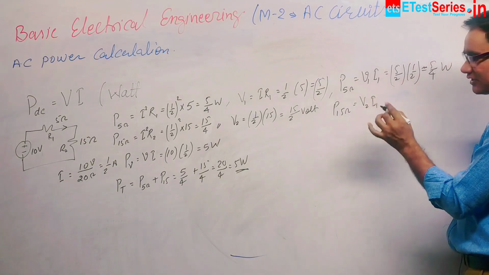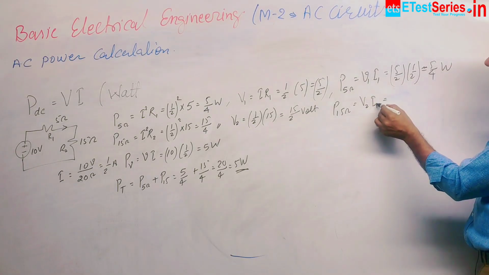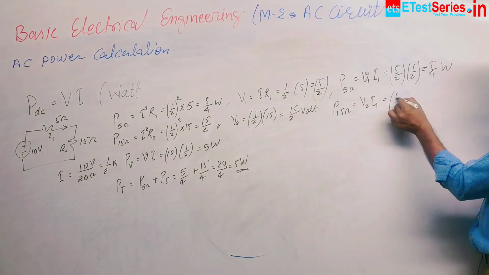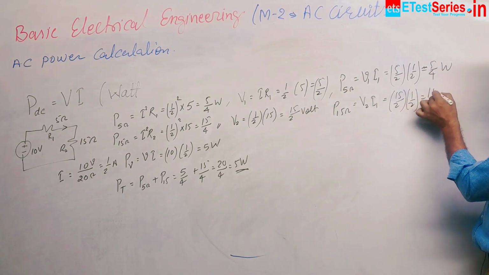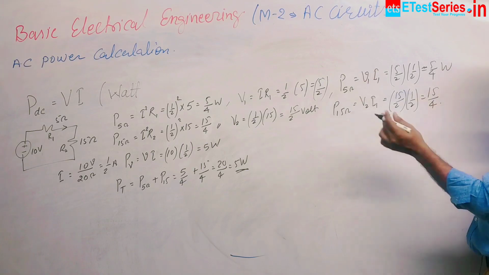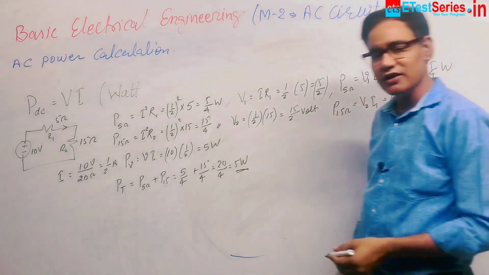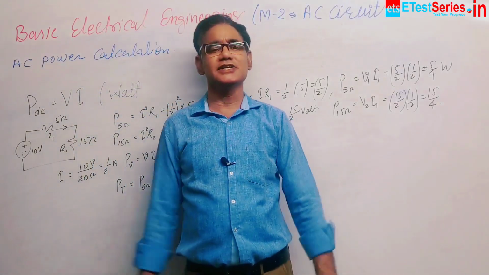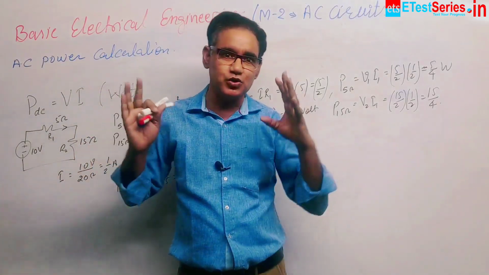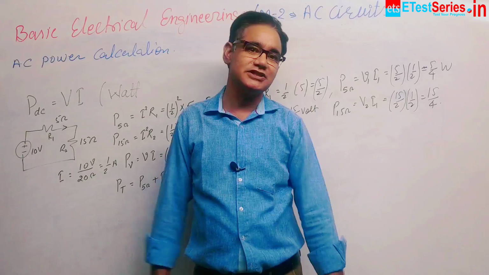The current is the same in the circuit. So it is 15/2 into 1/2, that is 15/4, similar to I square R. This is a very simple way to calculate the power in a DC circuit.